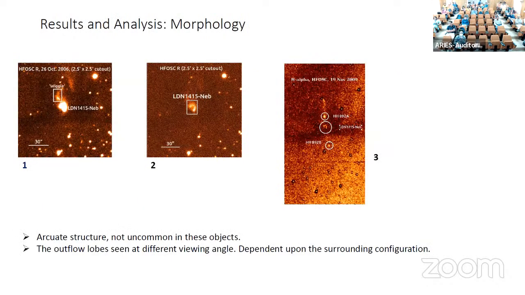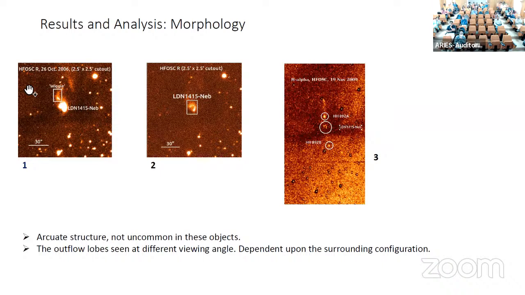So I will show some of the initial results and analysis that we have. To start with, I have shown the morphology of the particular source. If we see in the optical, this first image was taken with the HFOSC, just when Professor Ojha started following this source. We can see a very bright nebula that appeared out of nowhere.